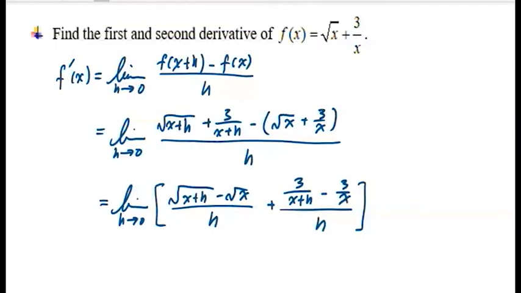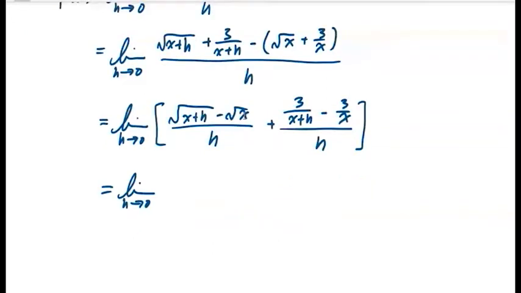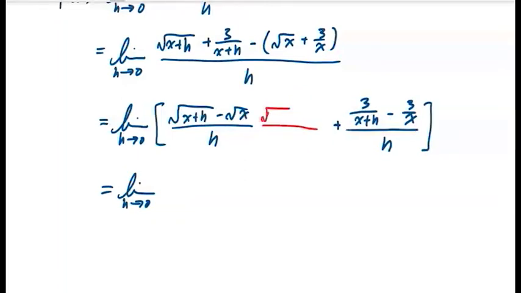What is the trick when we have radicals? We multiply by the conjugate. Tell me you have seen this technique before.